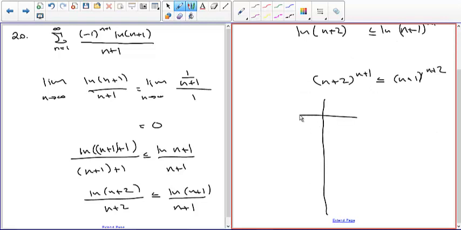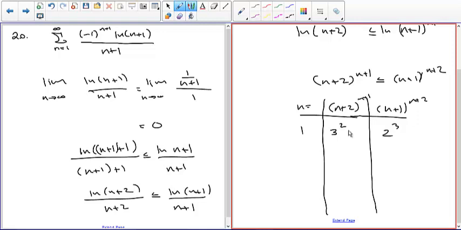And it starts at 1. Actually, what I need is 3 columns. Let's do this because that seems to be easier to evaluate. So let's start with 1. So we'll have 3 to the second power. Here we'll have 2 to the third power. So that's 9, and that's 8. Well, that one's already shot. That hadn't worked. Let's see.